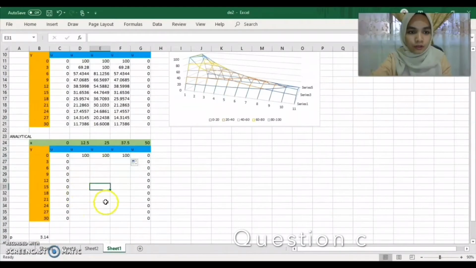Okay, for question C, solve the equation using the analytical method. We can find the values here using the analytical general equation that we derived before.